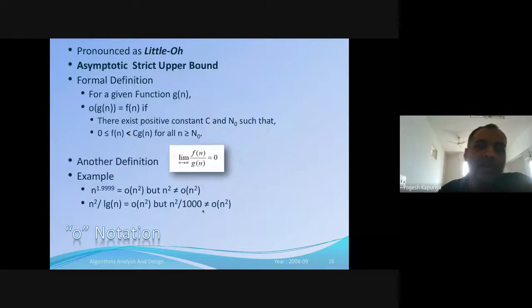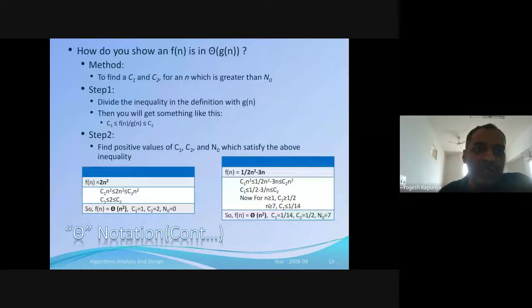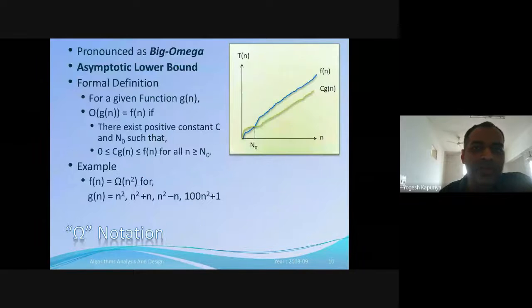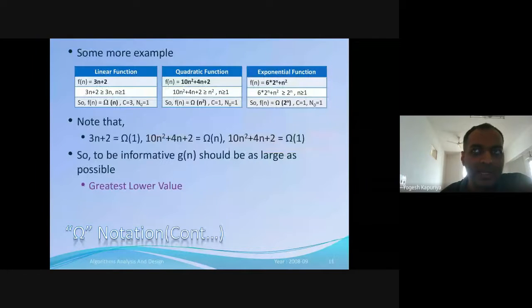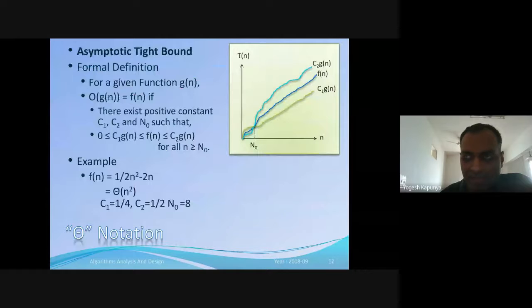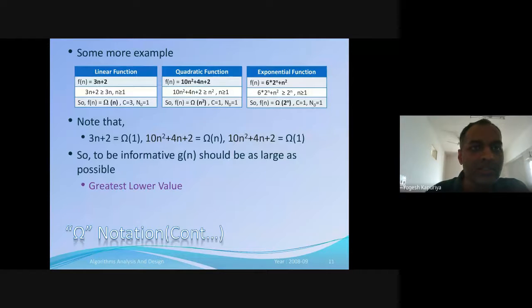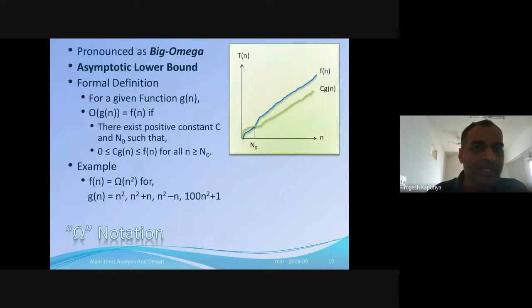So ultimately, there are actually 5 notations, but most of the time, from the understanding point of view, there are only 2 notations. First is the asymptotic upper bound and asymptotic lower bound.